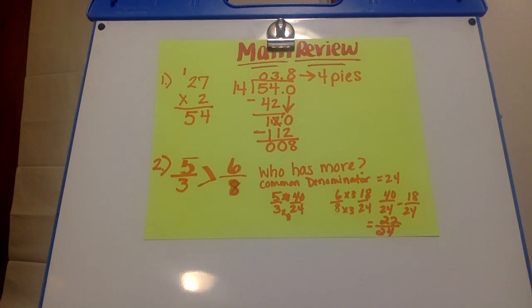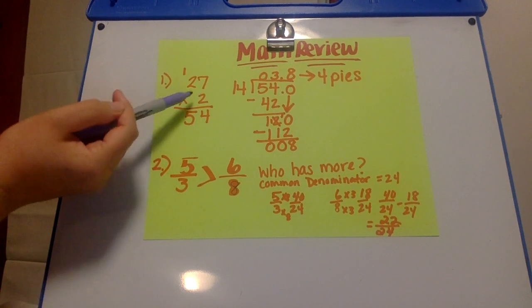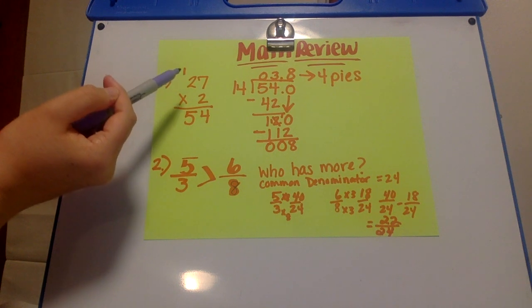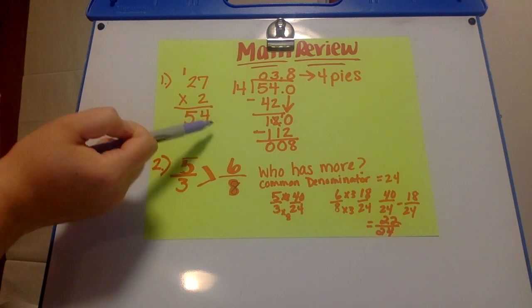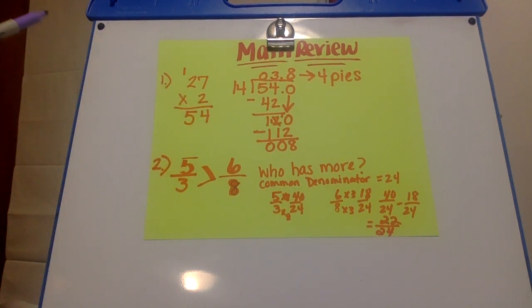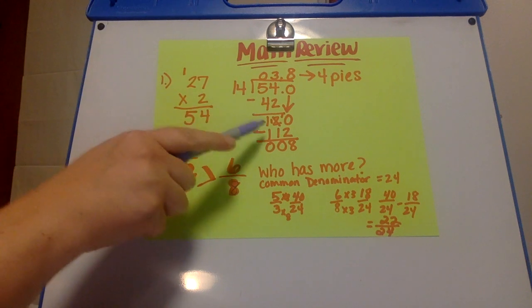So for our first question, it was talking about having enough pizza for every student to have 2 slices. So if there were 27 students total, I would multiply by 2 to figure out the total amount of slices, and then I would divide it by 14.